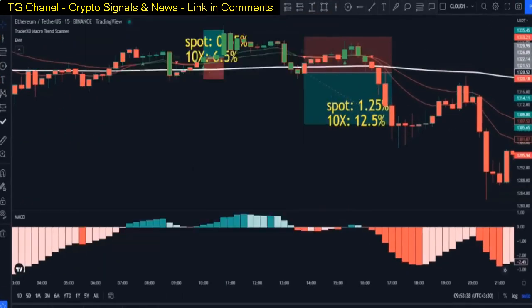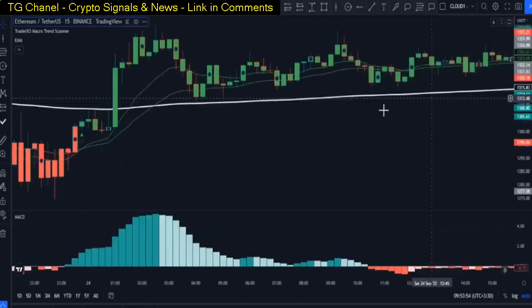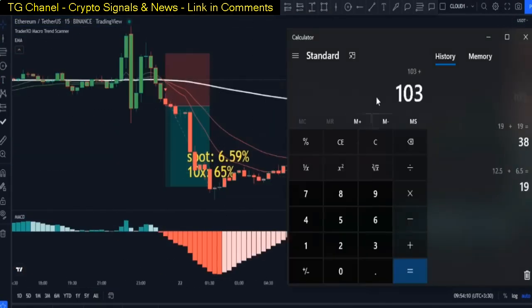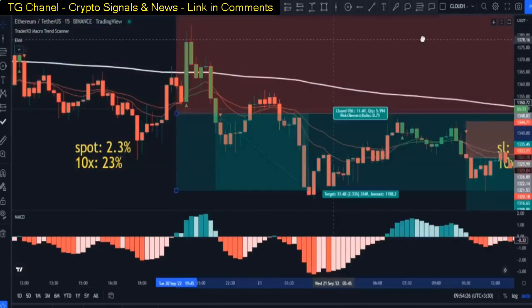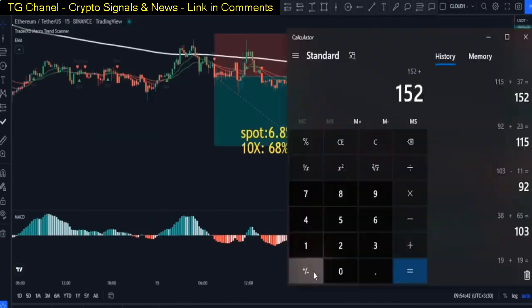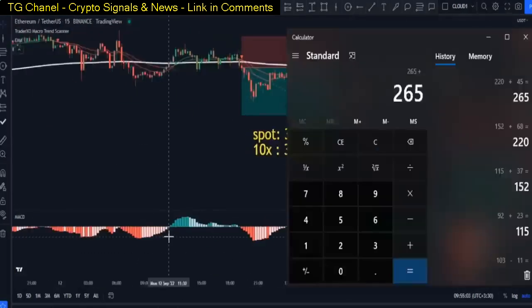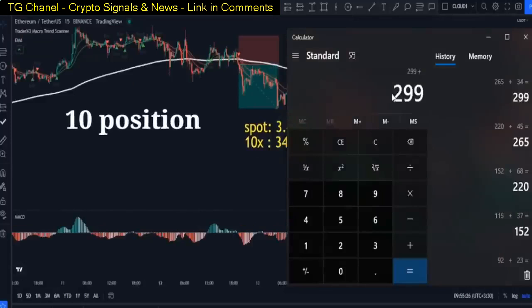Now let's see how much profit we made with just these 10 trades. In only 10 trades in the Ethereum chart, we achieved nearly 300% profit, and this much profit in such few trades is truly amazing and extraordinary.